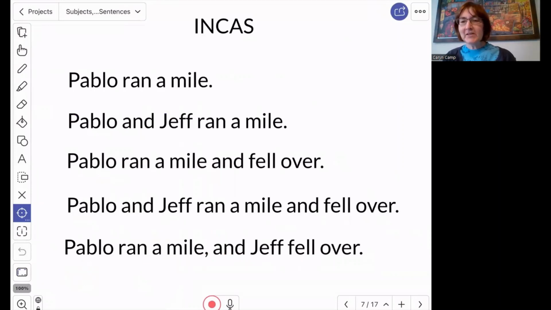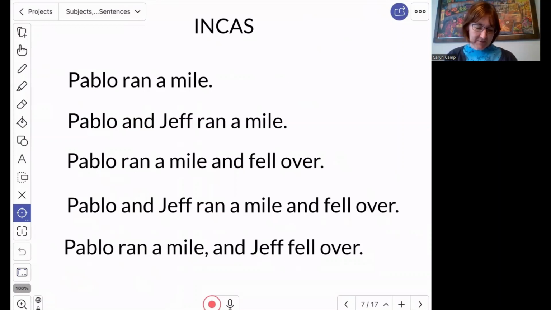So we're going to be looking for the simple and complete subject, the simple and complete predicate, and to decide if it's a simple or compound sentence. Oh, we're also looking for, is it a compound subject or a compound predicate? Okay, so many things to look for.